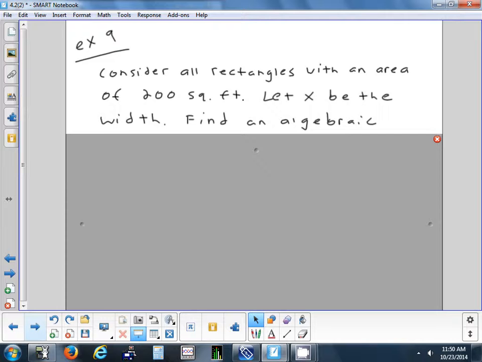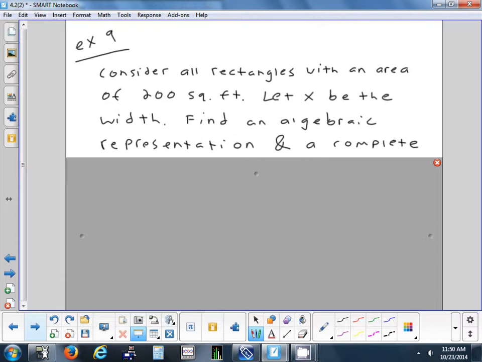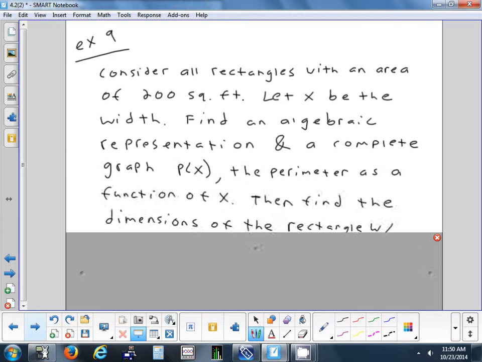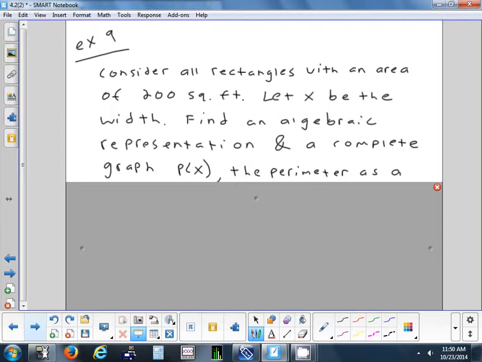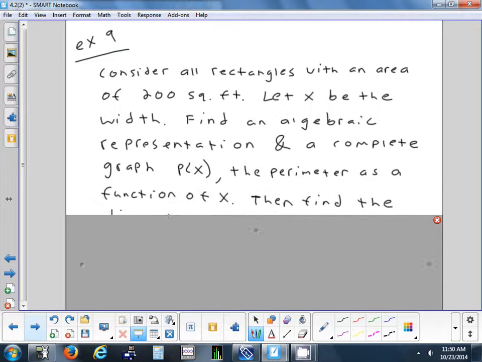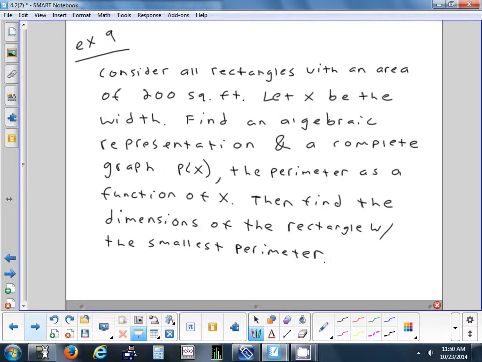Okay, and this one, which will probably be our last one. I want to take a look at all the rectangles that have an area of 200 square feet. Let x be the width. What I want to do is find an algebraic representation and a complete graph of P of x, where P of x is going to represent the perimeter of this rectangle as a function of x.